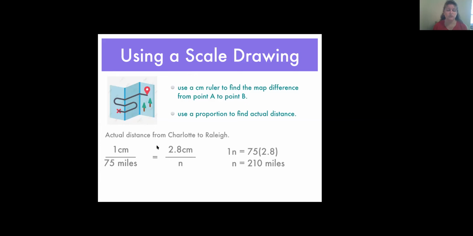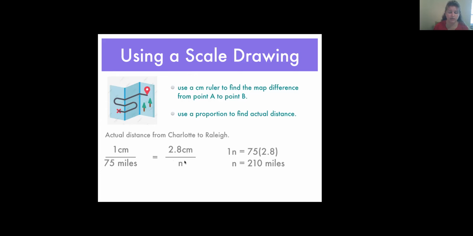We're going to need to follow our steps. Step 1, put it in a proportion. Here's my proportion, my scale. I already know what the scale is, so that's my known proportion. It's going to equal this proportion, where I'm going to find out how many miles it is if it's 2.8 centimeters.